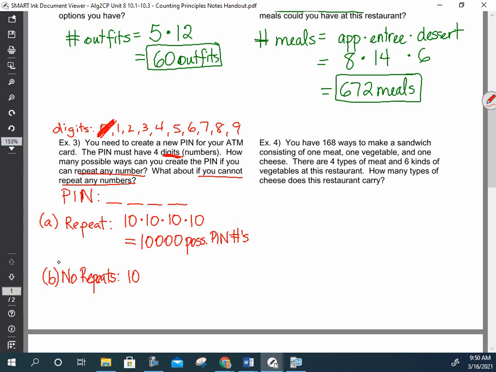That means my second number, I have 9 possibilities. So I cross off the 4. Since I can't repeat the 0 and I can't repeat the 4, how many numbers do I have left over? 8.